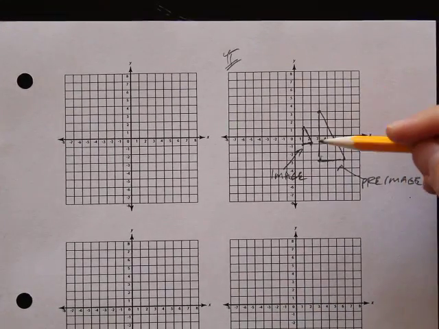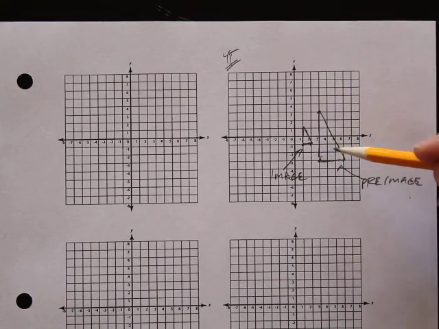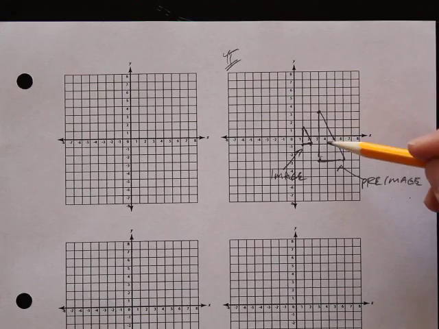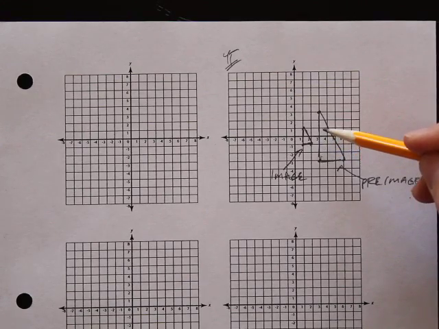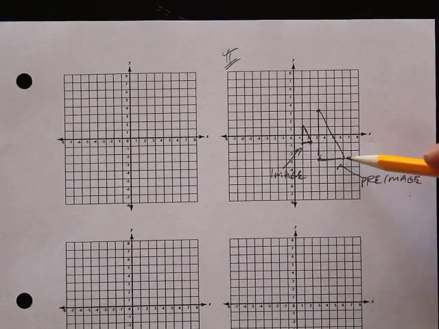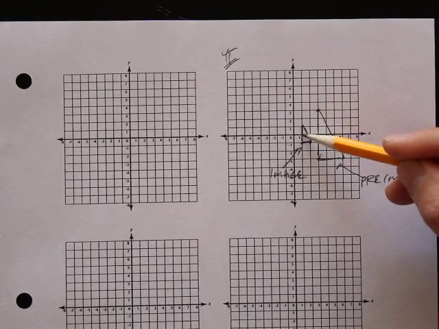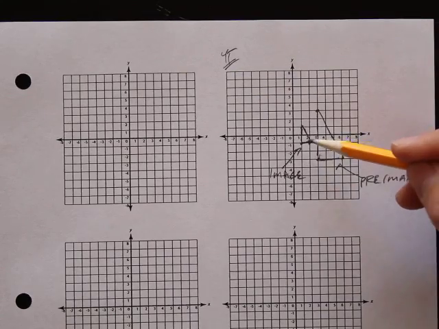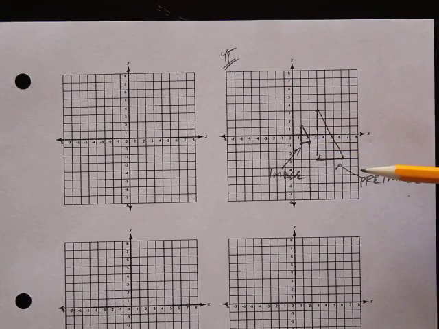Okay, so now let's look at this and see if we can figure out what the scale factor is here. What I'm going to do is count one of these sides and then count the corresponding side and find my scale factor that way.